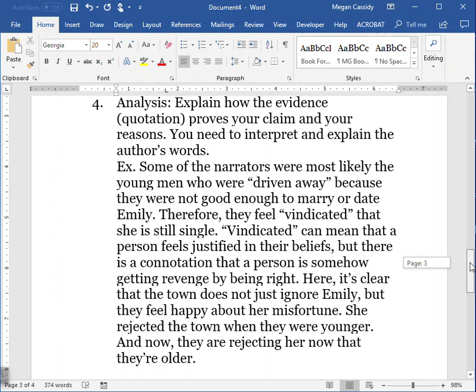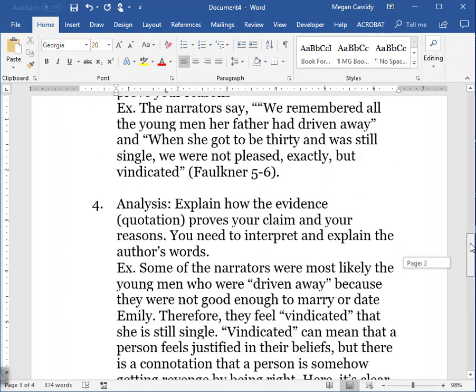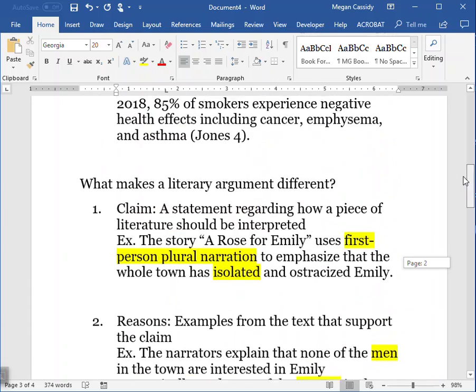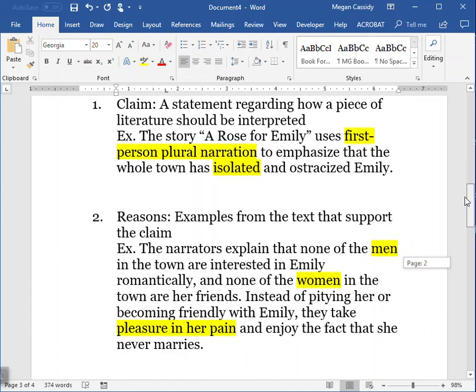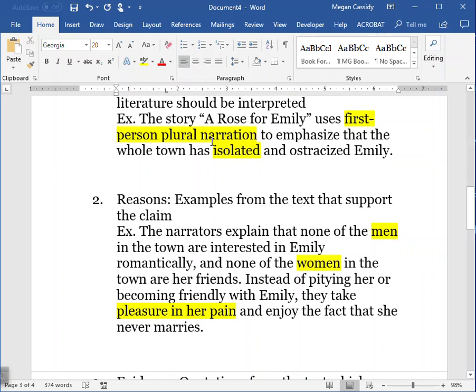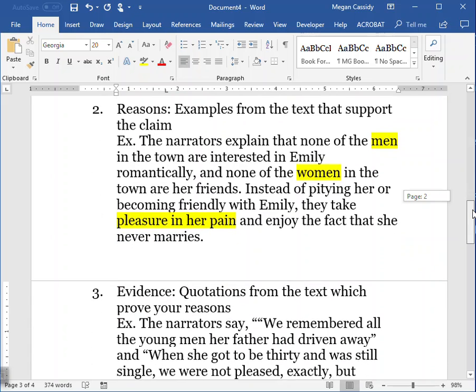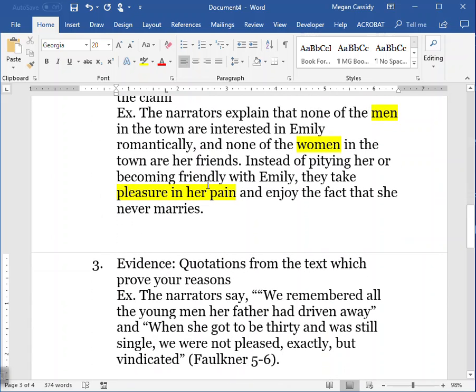So that's basically how you would set up a literary argument. We have our claim: first person narration to isolate and ostracize Emily. The men are not interested in her. The women in the town are not her friends. They all take pleasure in her pain.